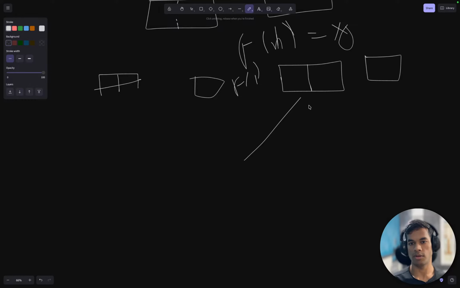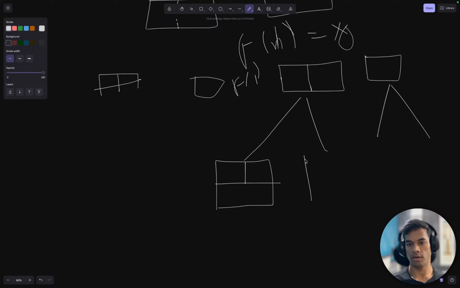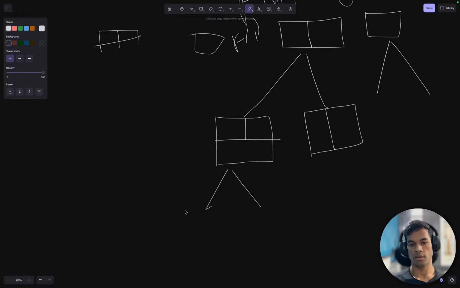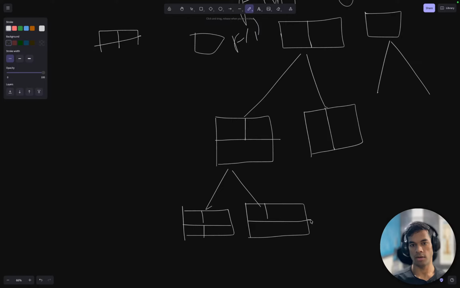And when we have this and we do extend this below, either we put a line here or we don't put a line here. And if we do put a line here, then we have two possibilities: either to put a line here or to not put a line here, right?